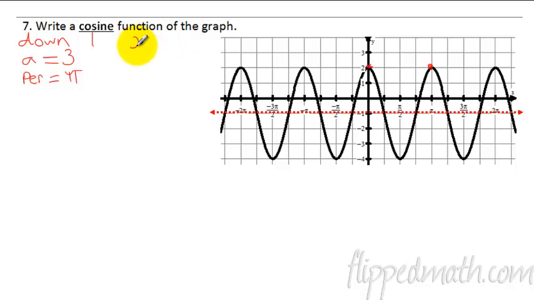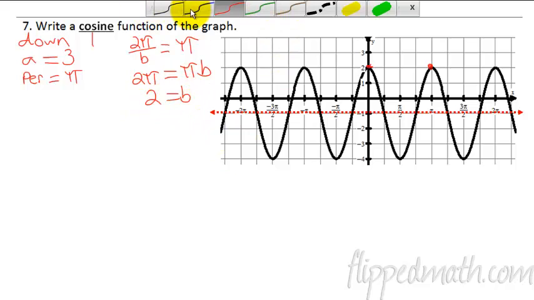Now, how does that help us? It's where we do exactly what we did on the last problem. We say 2 pi over b, which is period, is equal to pi. Solve that, and we get 2 pi equals pi b, so 2 equals b. There we go. Now we've got everything we need. So y equals cosine.